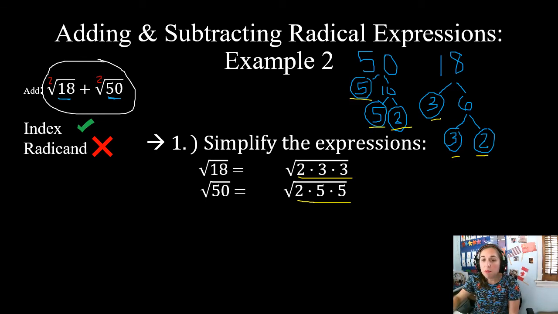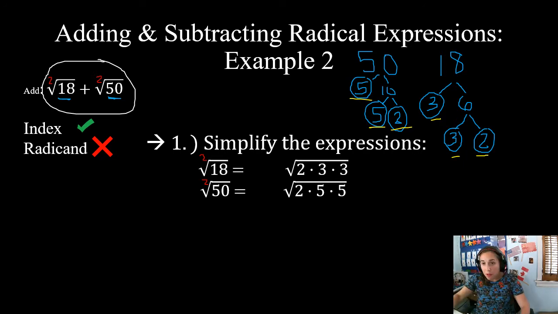And since I'm simplifying radicals, I know that I'm looking for copies that I can pull out. So my index, like we said, for both of these expressions is 2, which means I'm looking for anything that I have 2 copies of, because I know that 2 copies on the inside is 1 copy on the outside, right?